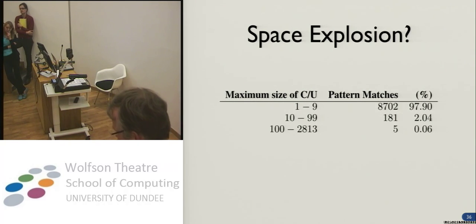So there's a notorious issue that even if all of your indexing for GADTs is nicely in constructor form, certainly in the total setting, exhaustiveness checking is undecidable. You can code up the halting problem.